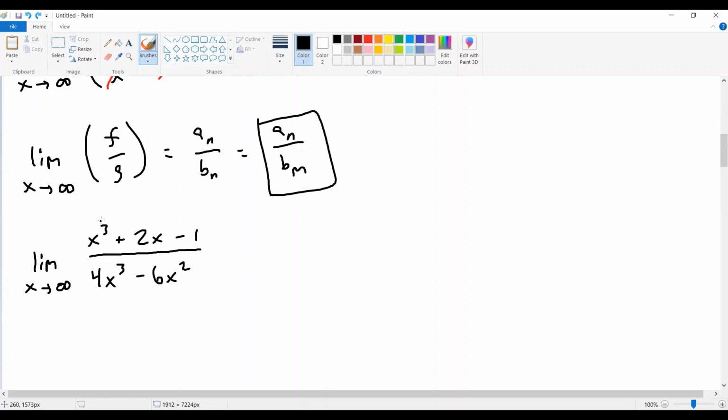Now, the degree of the polynomials is shared. We have the shared degree of 3. And I know that if I do this, no matter what degree that is going to be, I simply end up with the ratio of the coefficients. So the coefficient to this one is 1. So we'll have a 1. And the coefficient here is 4. So it's 1/4. And you're done. That's how fast it is.